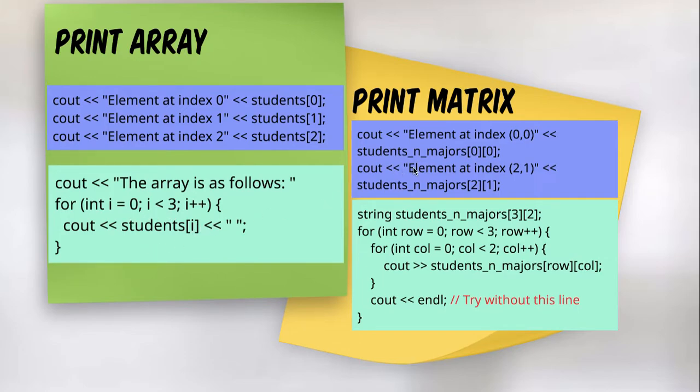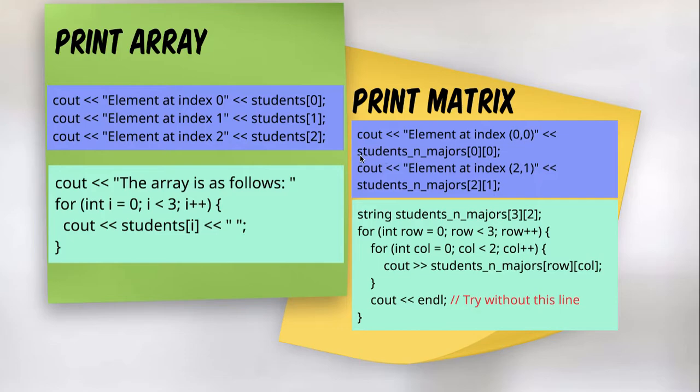The same is true for the matrix also. However, as you all know by now, matrix is a two-dimensional array. So here, if you want to print each element using its index, you have to use both the row and column number.